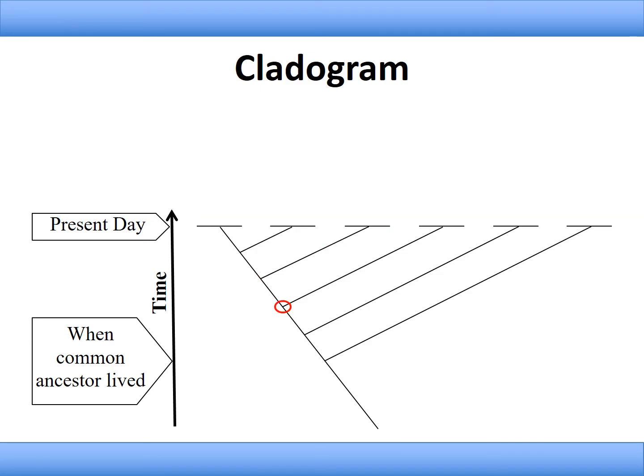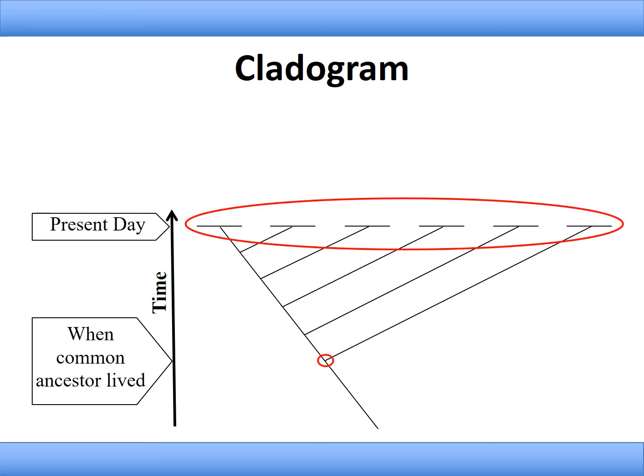And the nodes keep getting deeper and deeper in time, connecting larger and larger groups of organisms. Eventually, we get all the way back here to the node that connects all of these organisms.